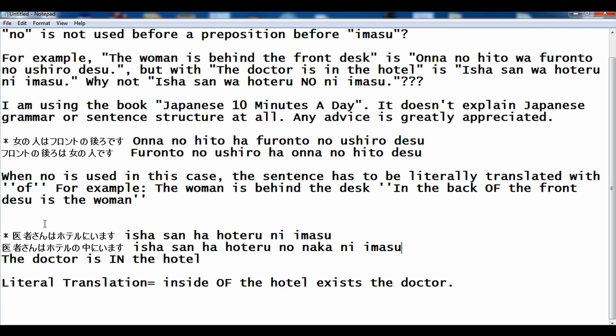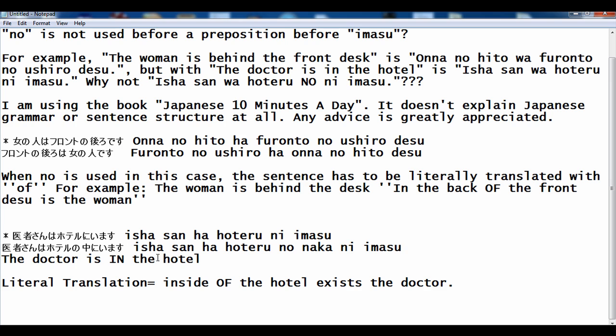So here, Isha-san wa, as far as the doctor, hoteru no naka ni imasu. He is inside, or exists inside of the hotel. See, hoteru no naka. Naka here means inside. So hoteru no naka ni imasu, inside of the hotel.